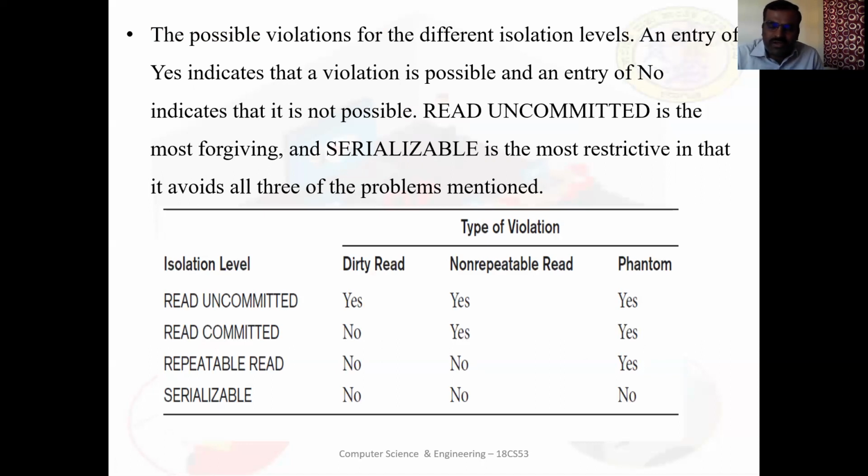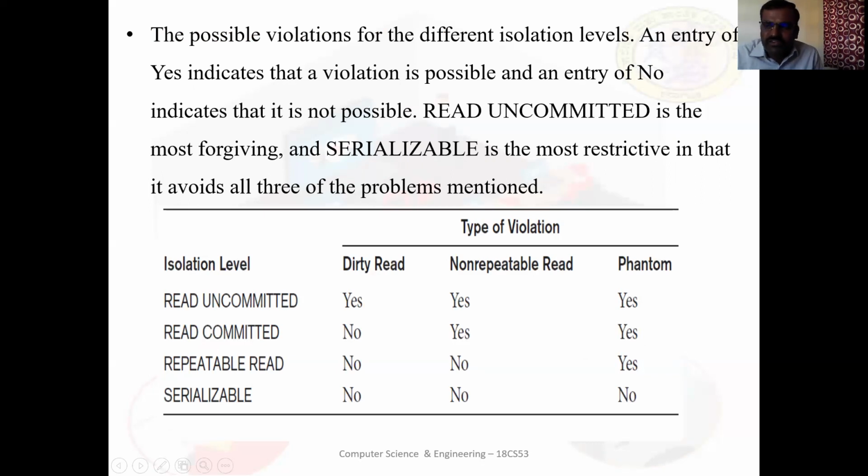If a transaction executes at a lower level of isolation than serializable, then one or more of the following violations may occur: dirty read, non-repeatable read, or phantom.